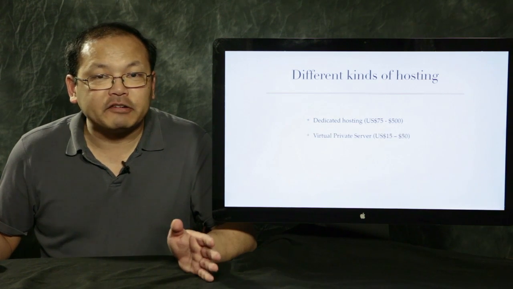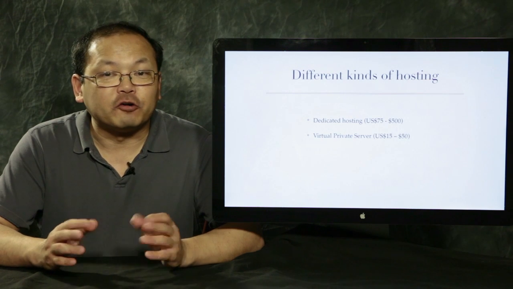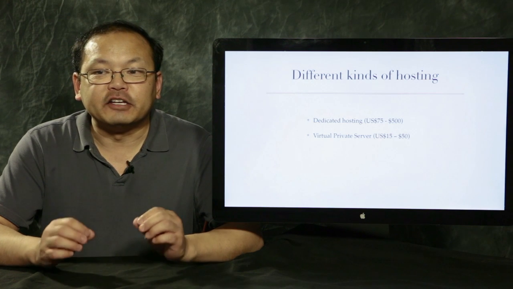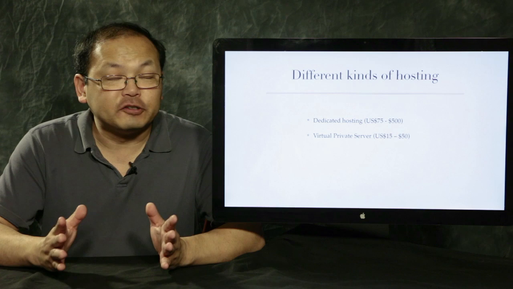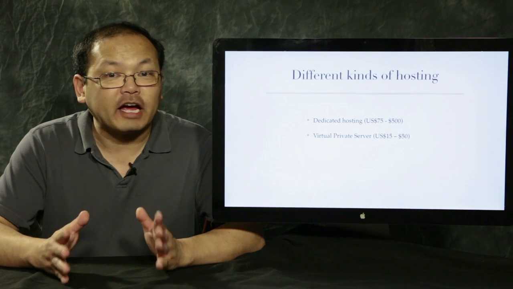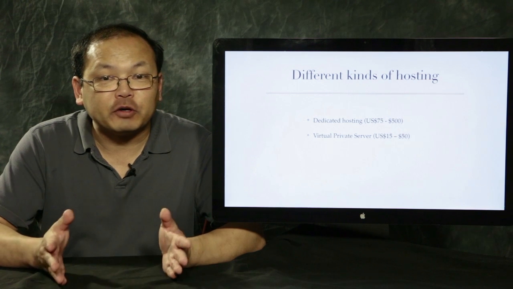So the next step down is called virtual private servers. That's one you don't hear about that often, and that's where there's a machine that software is used to make it look like it's multiple machines or virtual machines, and then your website is allocated one of those virtual machines. So you'll share the hardware, the actual physical server, with a few other websites, maybe 10, maybe 20.